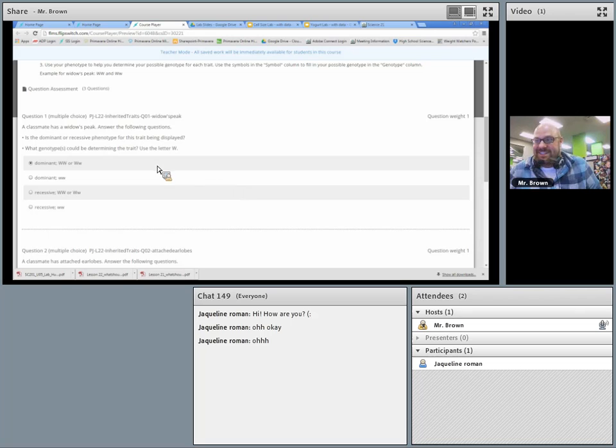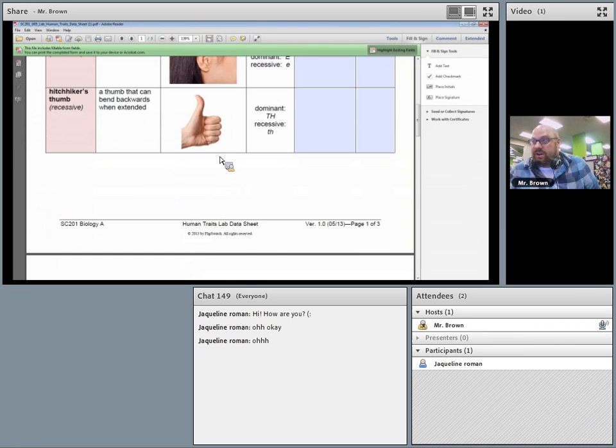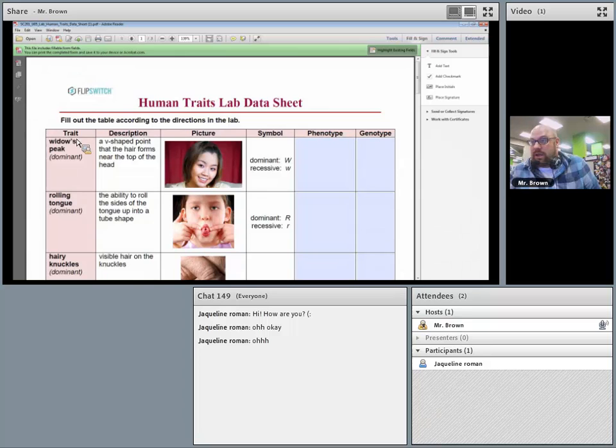Let's do this. Okay, so classmate has a widow's peak. That's the very top one. So it is dominant. So the phenotype is dominant.